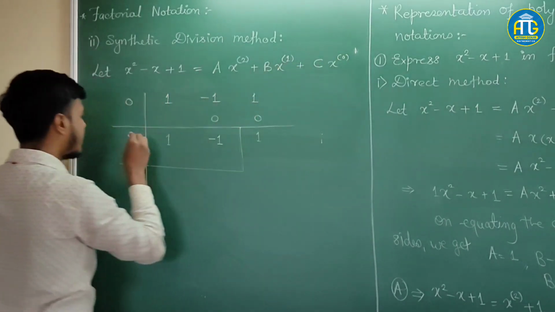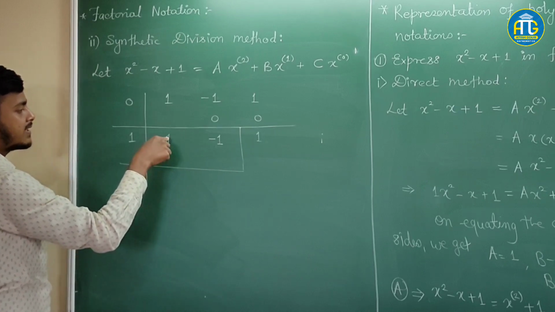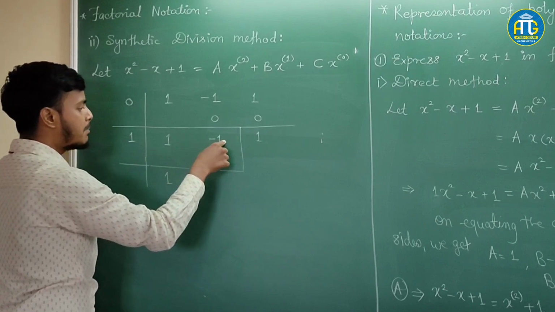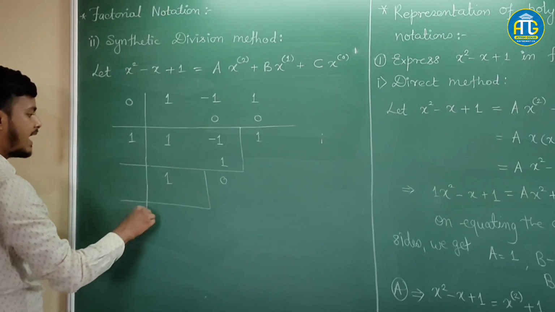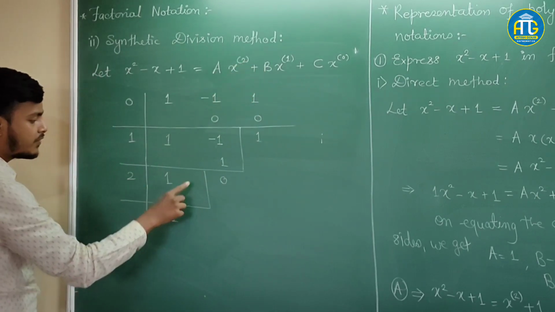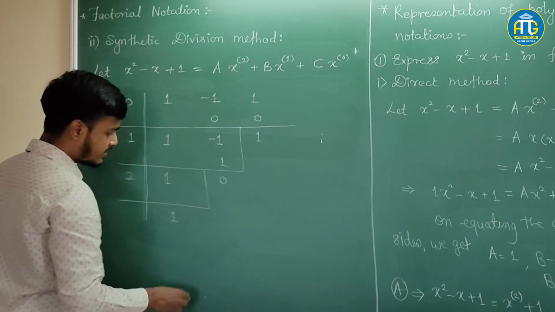Now take this 1 and divide. Apply the synthetic division method. So 1 as it is. 1 into 1, 1. Minus 1 plus 1 is 0. Leave the last term. And then we have this 1 as it is. No further terms. No need to do the calculations further.